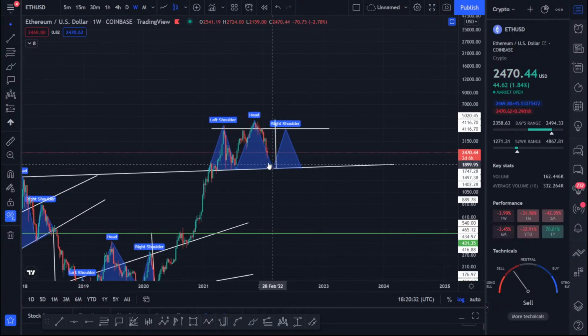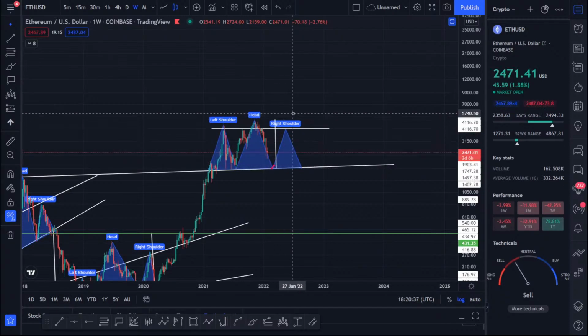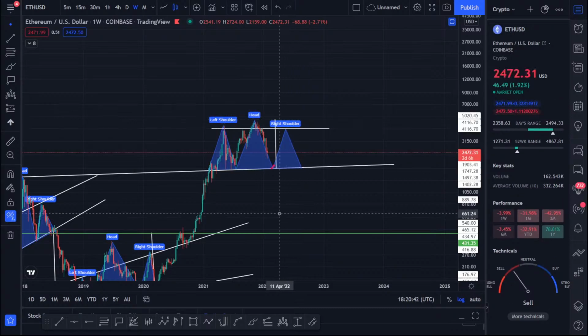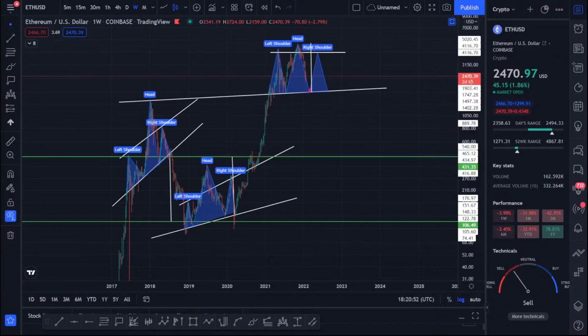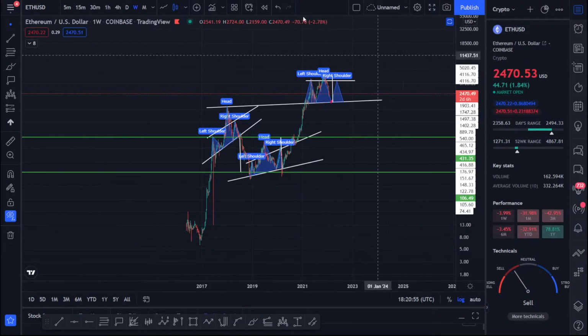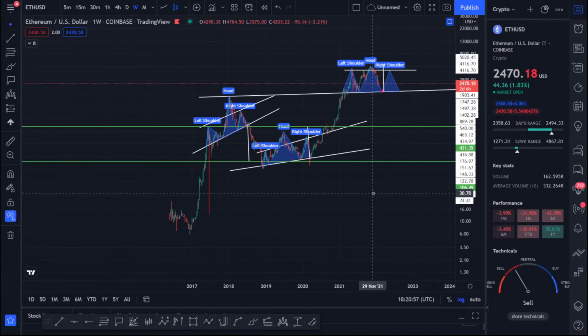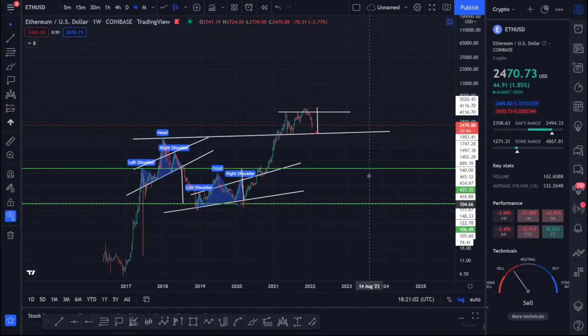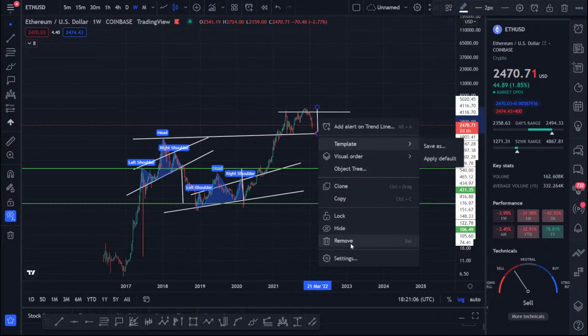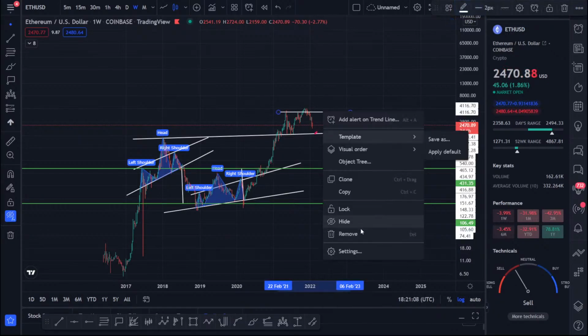If it breaks to the upside, and let's say this candle comes here, then it's gonna break this resistance as well and come over here, exactly what happened here, make this into support, and then move towards the upside. There are a lot of scenarios, but I think it can certainly do something magical once it comes to this support level. Let me take this off, and this off, and this off now.